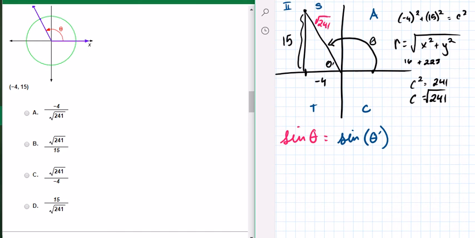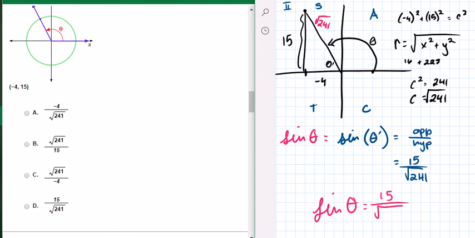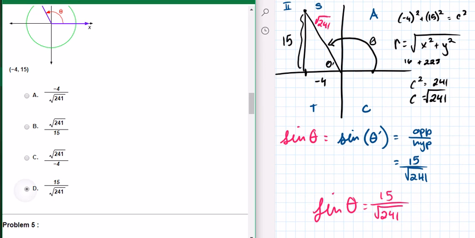So the sine of theta is the same as the sine of theta prime. So I can go ahead and find the opposite over the hypotenuse here. And the opposite is 15 over square root of 241. For an actual problem, you would want to rationalize the denominator, but in this case, they give us an option a different way. Alright, so my solution should be D.